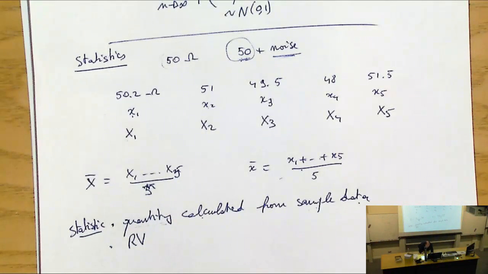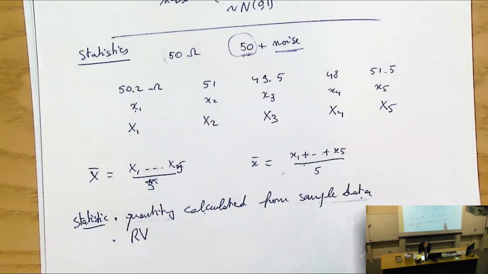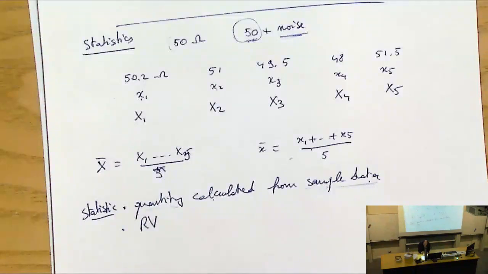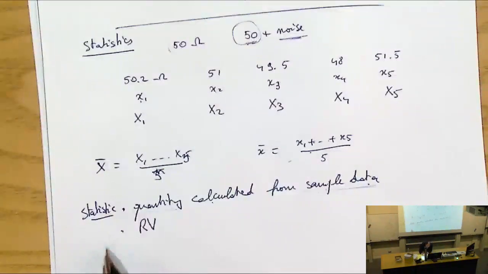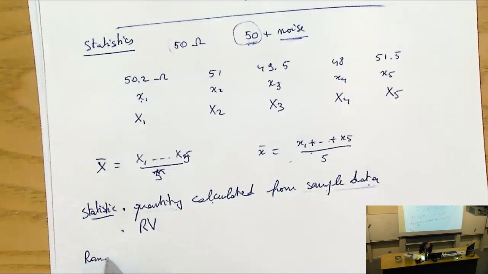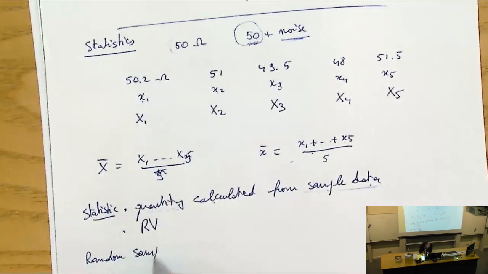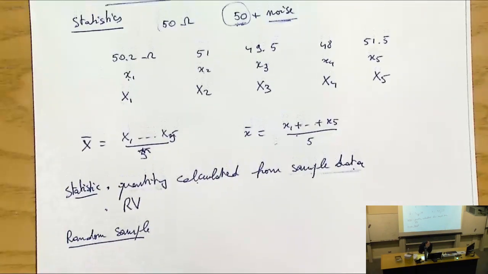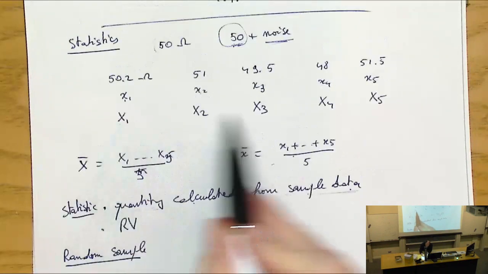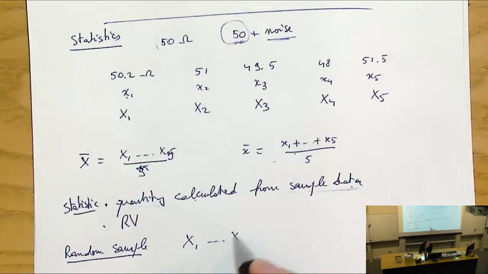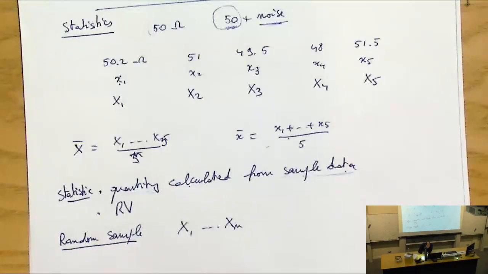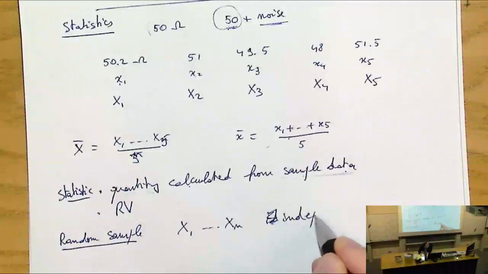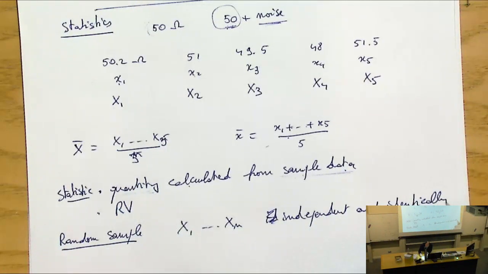Now, how do we choose this sample data? This is an example, but in practice, what you want, as much as possible, because it makes your life easier, is what we call a random sample. That means all those random variables, x1 to x5, or in general x1 to xn, are independent and identically distributed.